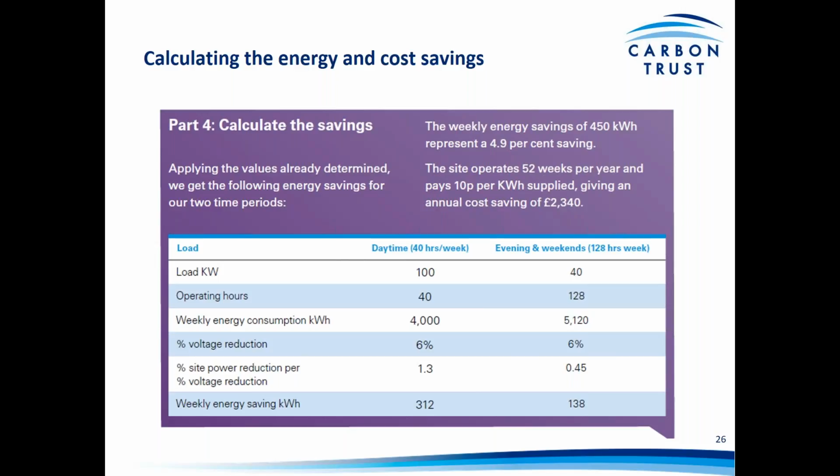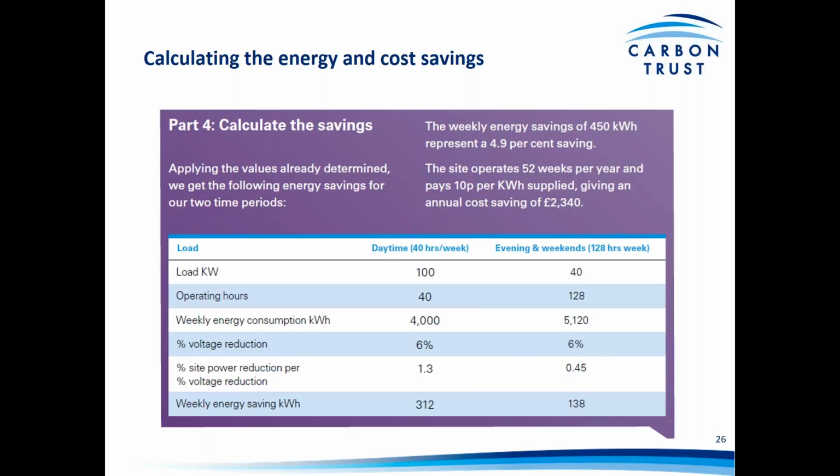That gives us the figures we can see there of the 312 and 138 kilowatt hour saving. So a combined saving of 450 kilowatt hours per week, which represents a 4.9% energy saving.